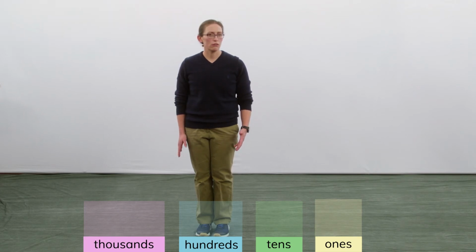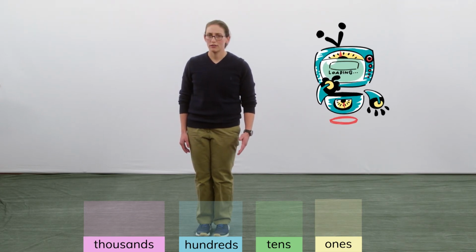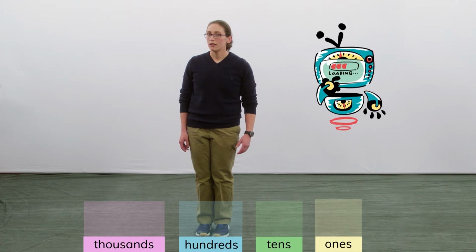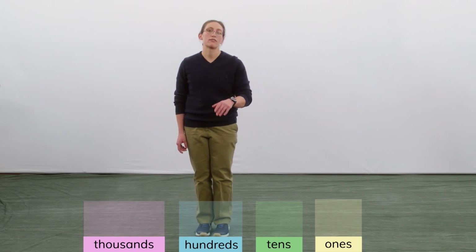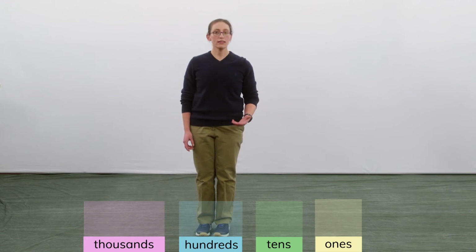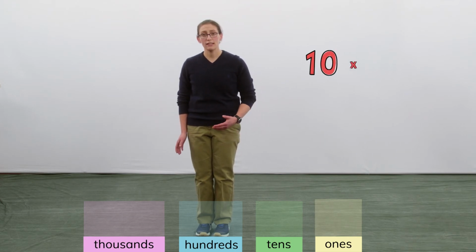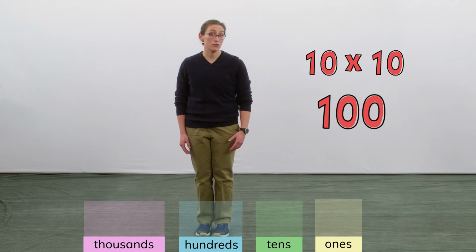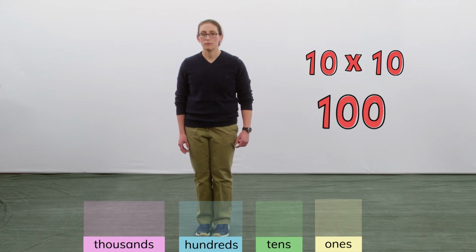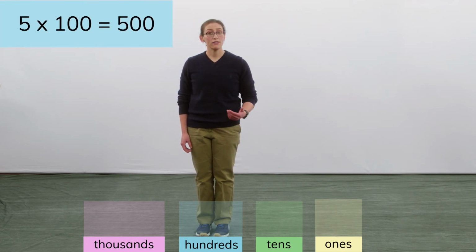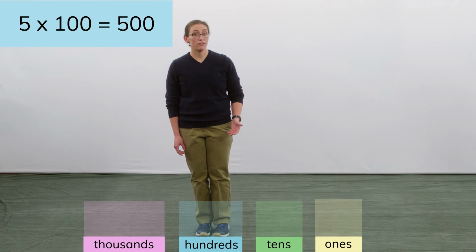What do you know about 100? I heard someone say something really interesting. They said, one thing that I know is that 10 times 10 equals 100. That could have something to do with it. Let's try something and see what happens. So I know 5 times 100 equals 500.